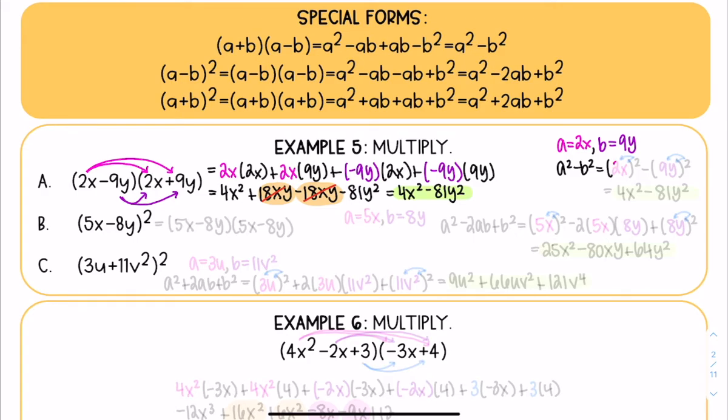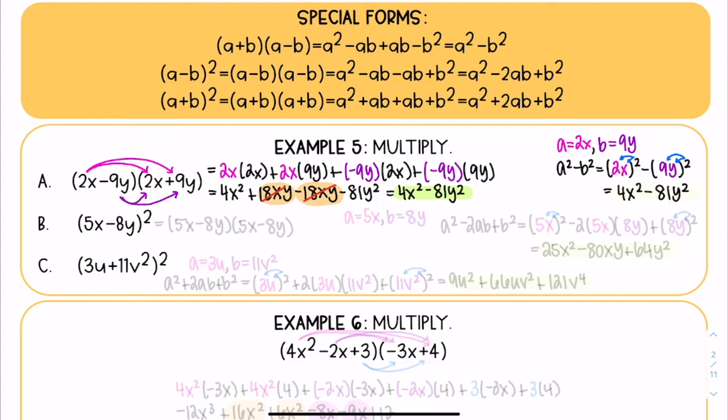And so we end up with 2x squared minus 9y squared. We have to make sure that we distribute the square to both pieces since we have a multiplication going on. And so 2 squared gives me 4, we have x squared, and 9 squared gives me 81, and we have y squared. So you see that we get the exact same thing.